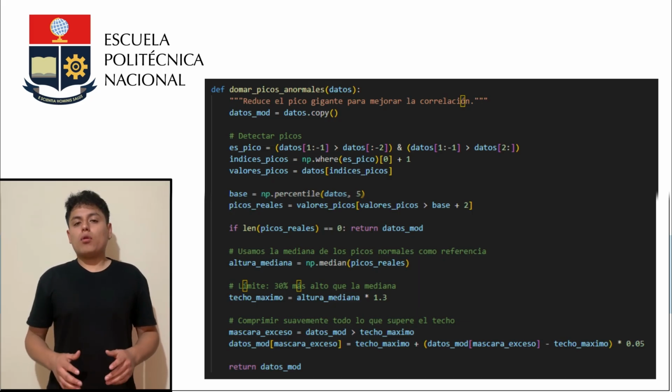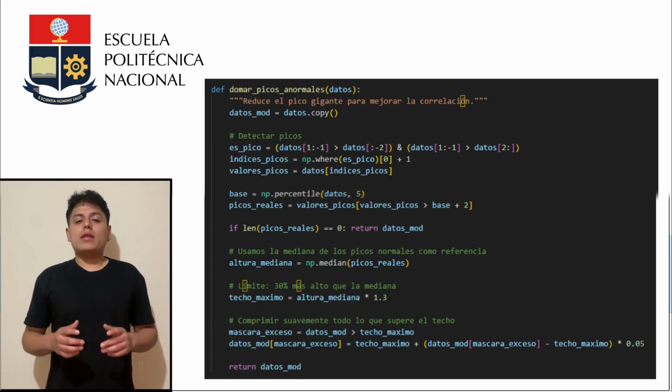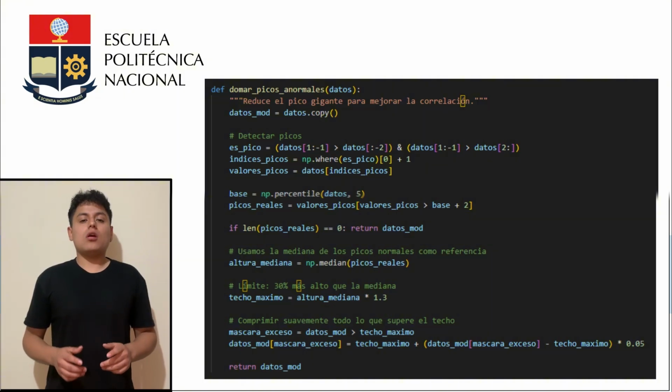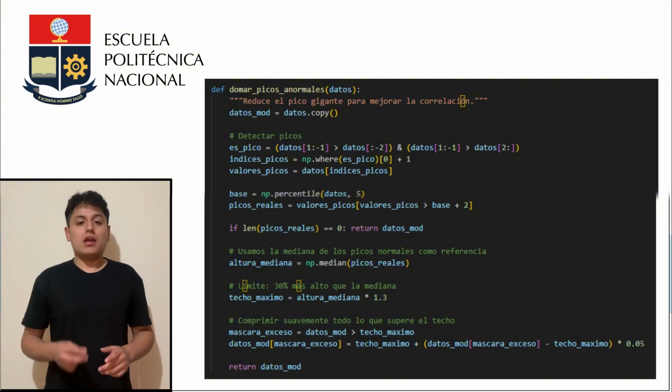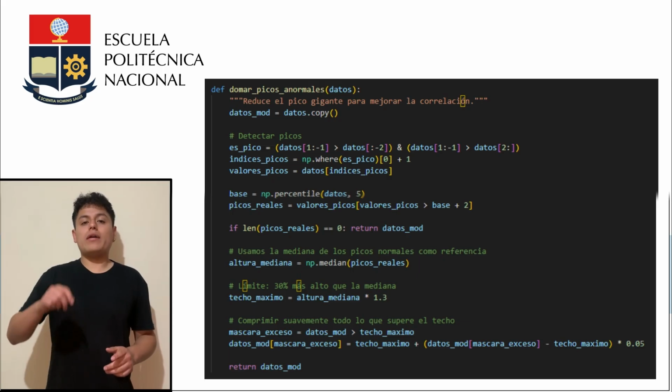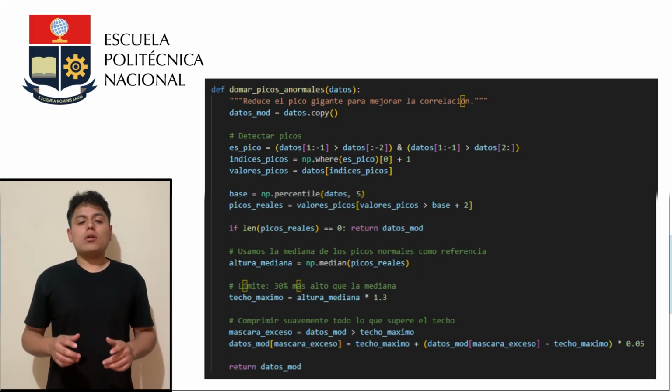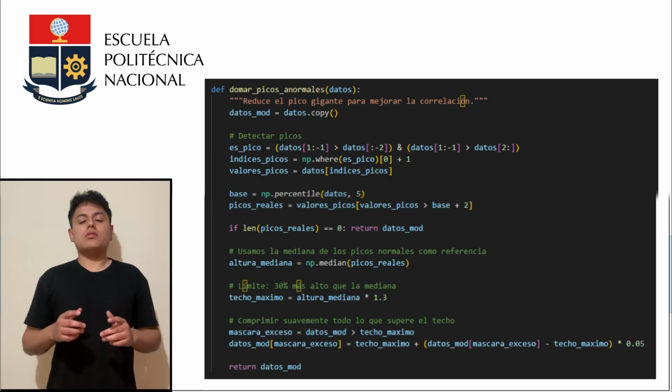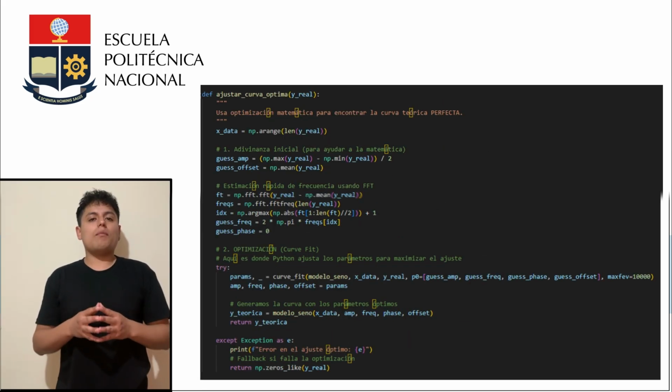First, the program automatically detects when the movement starts and cuts out the silence at the beginning. Second, that outlier peak: this code finds and smooths it down to a normal level, making sure the movement looks continuous.